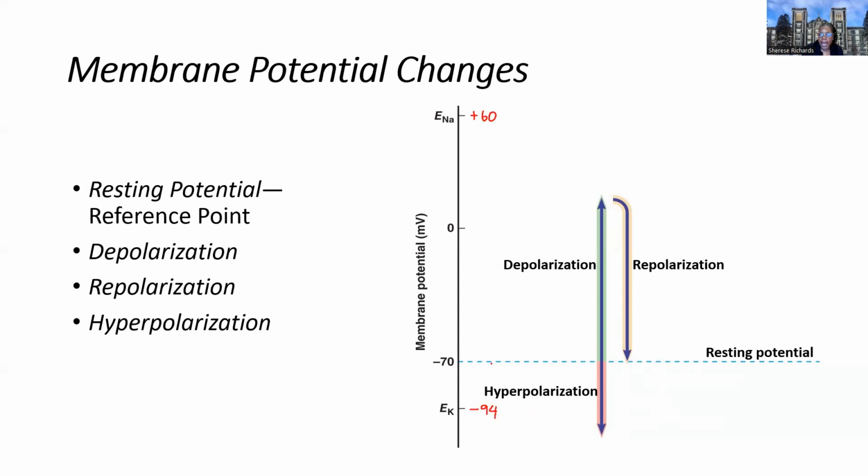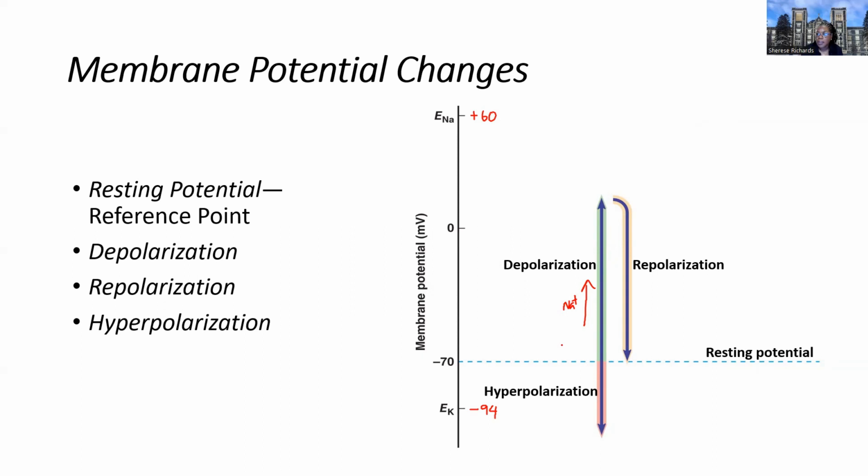So when we look at the movement of these two ions, remember, they're going to be moving in order to achieve their equilibrium. So if I open up more sodium channels, sodium is going to rush into the cell. Remember, it has a really strong current, a really strong electrochemical driving force. And so that's what's responsible for this initial upstroke in the action potential. This is sodium's movement as a result of opening up sodium channels.